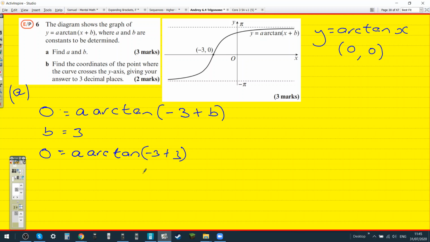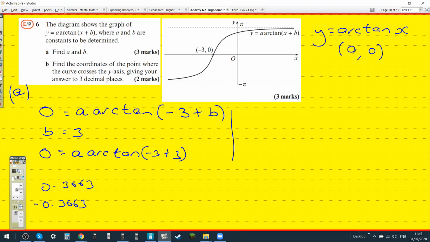So for A, I got, if this is correct, minus 0.3663. Minus 0.3663. Who knows?